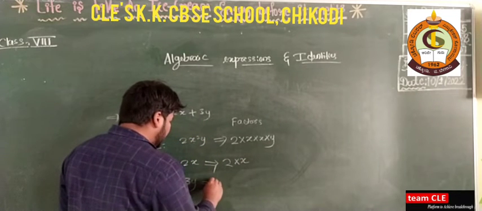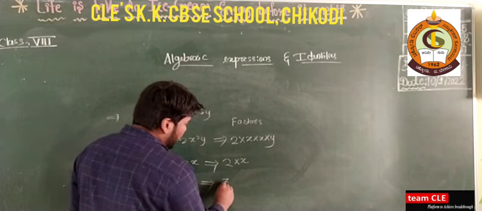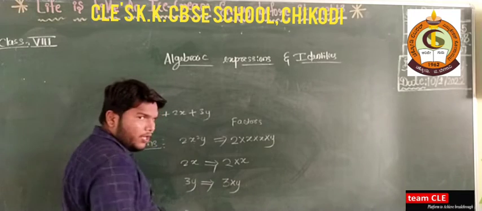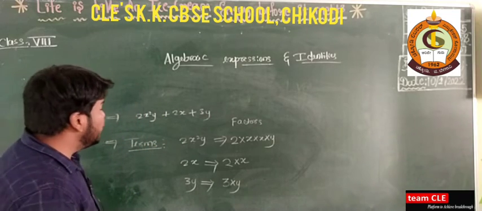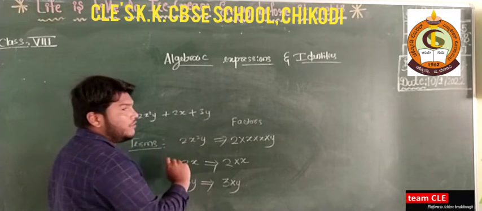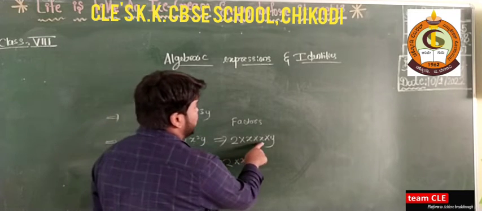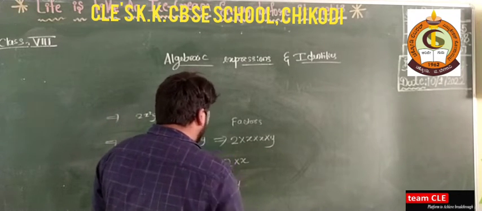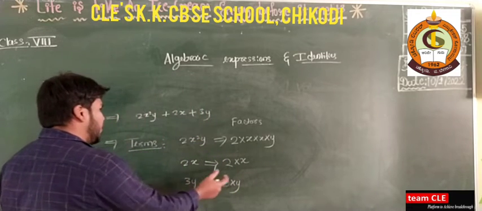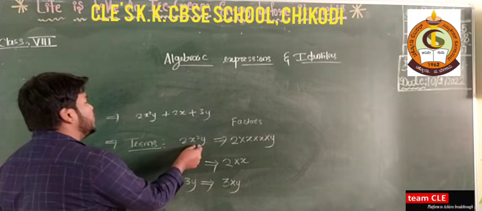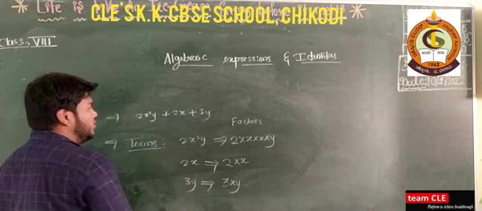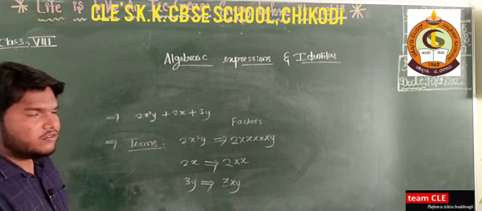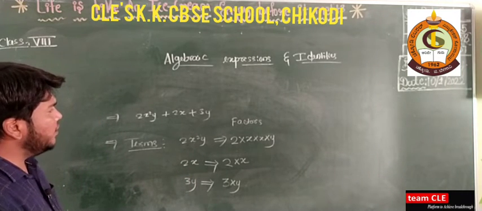Similarly, the factors of 3y are 3 into y. So 2x square y has the factors 2 into x into y, 2x is 2 into x, 3y is 3 into y. These we write as factors, and the terms are 2x square y, 2x and 3y. So this is all about terms and factors.